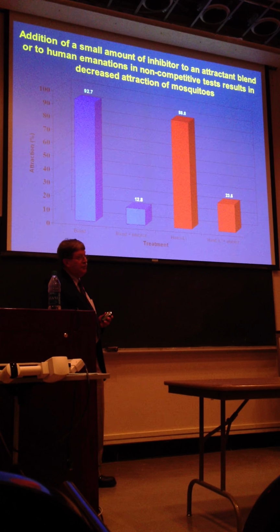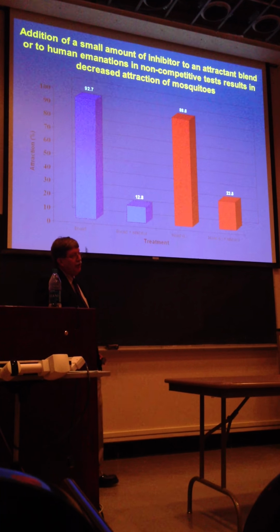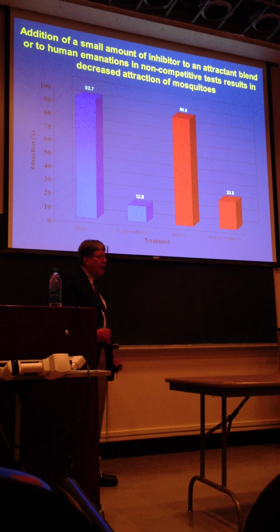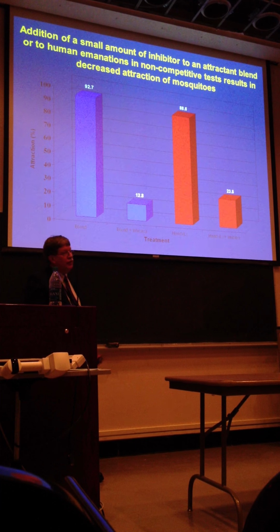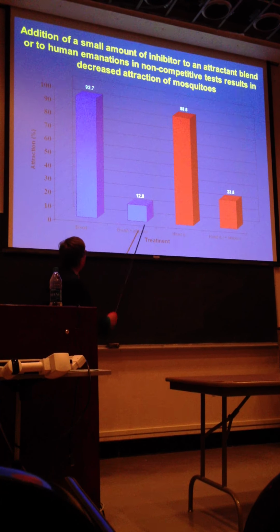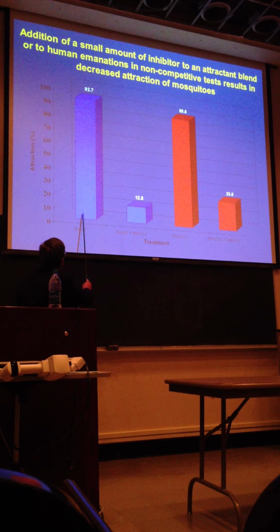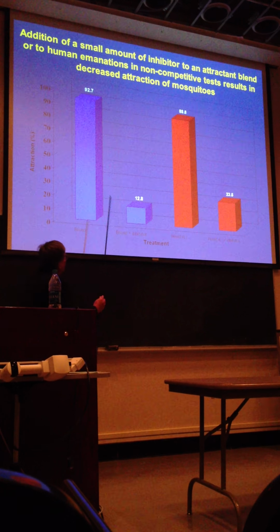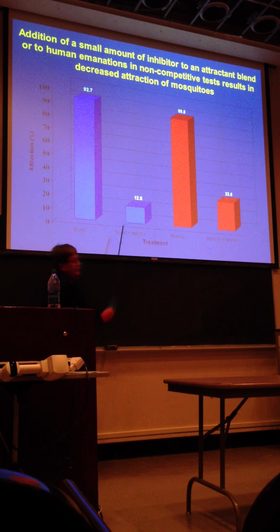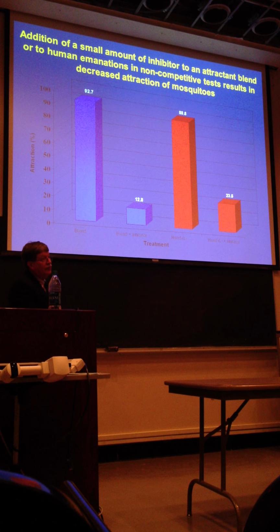So we quickly put the $10 bag on her to see how she differed. And we found some compounds that she had in greater ratio than anybody else. And so we call those the inhibitors. So in a non-competitive way, we took our blend, and then in another test we did the blend plus some of these inhibitors, and you can see that they no longer like the blend.